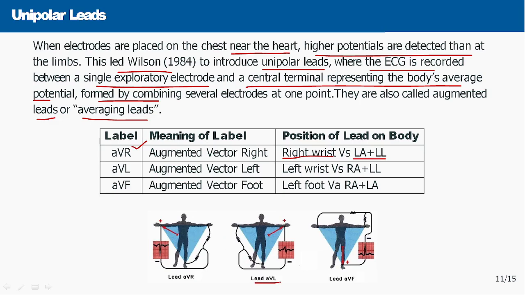Similarly, for augmented vector left, the potential measured is between the left wrist versus the average of right arm and left leg. Similarly, augmented vector foot is the left foot versus the average of right arm and left arm. Through this they can measure different potentials.